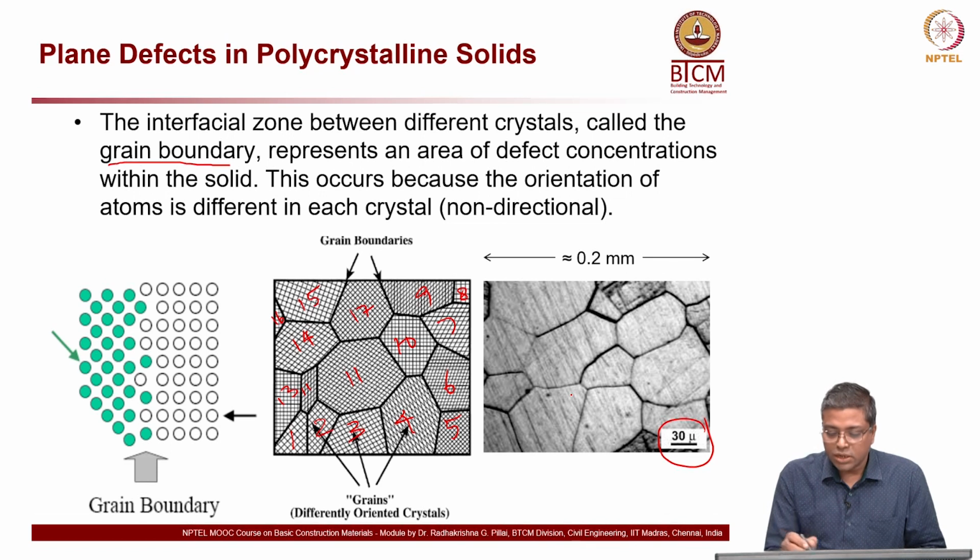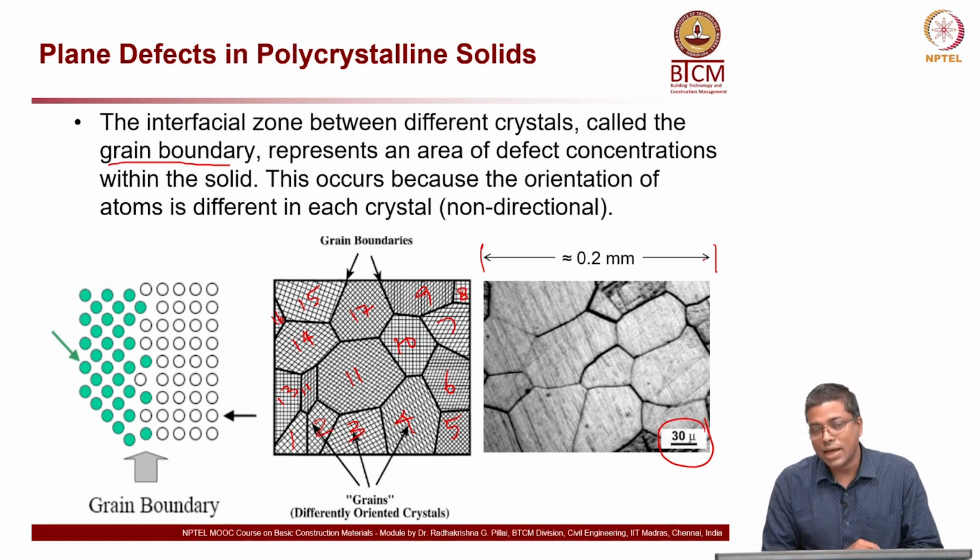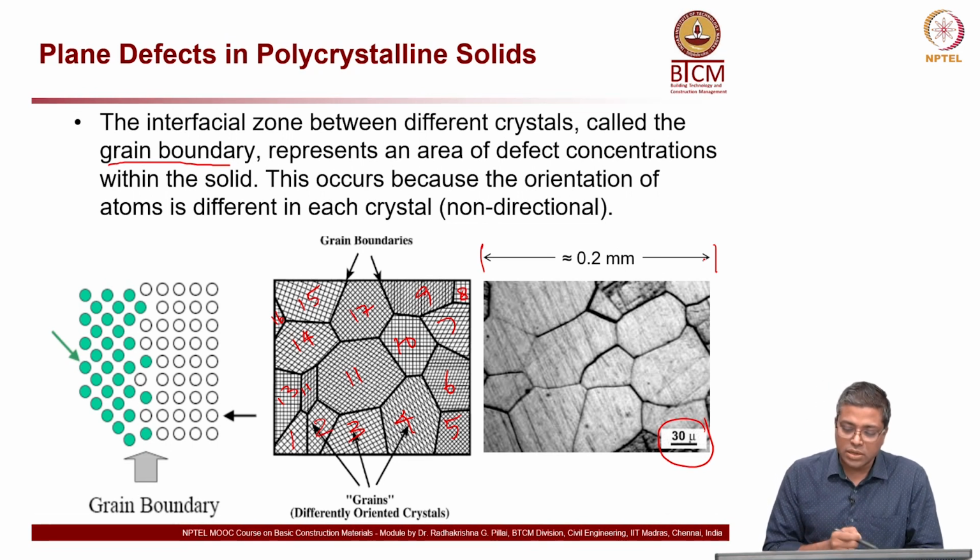From the left to the right end of the photograph, it is about 0.2 millimeter. So, you can see how small that is. Each of these grains is even smaller than a fraction of a millimeter.